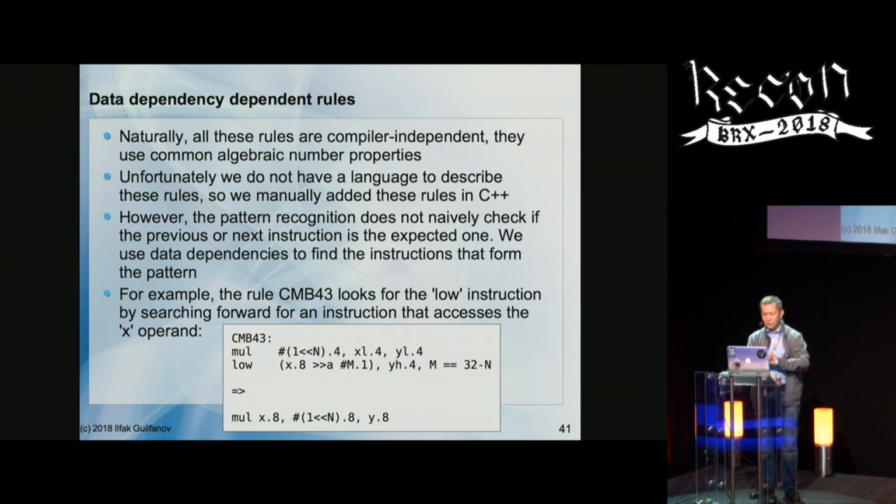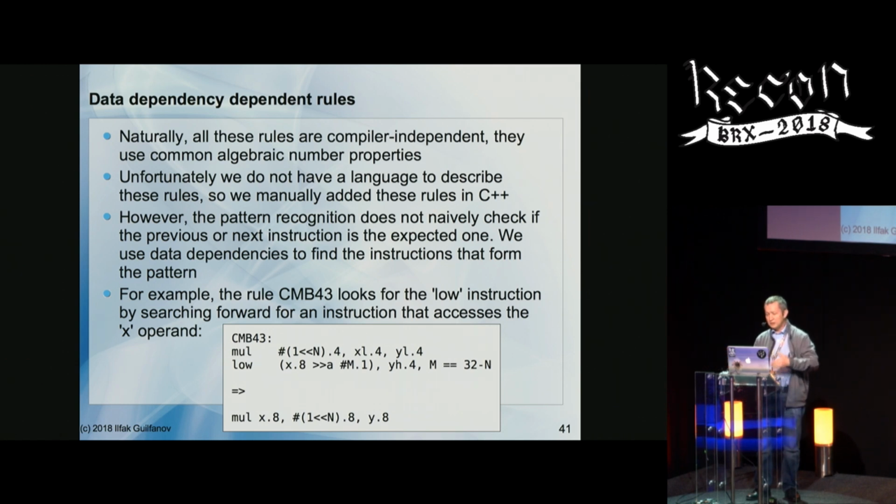Instead of that, we build the lists, so-called data access lists, and then we search for the instruction that accesses. For example, in our case, we try to find the instructions that access the X operand. And when we find it, we check if it's a low instruction, does it look like the one that we expect to see?